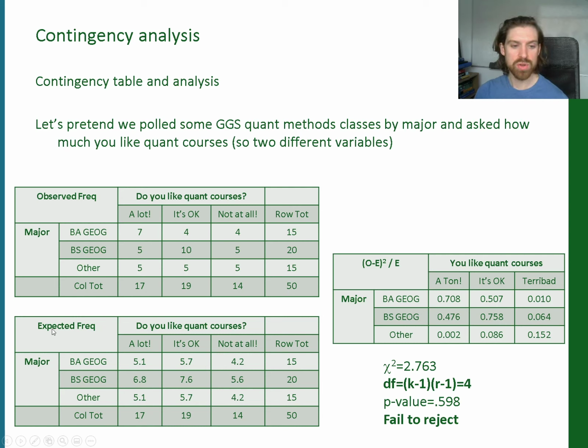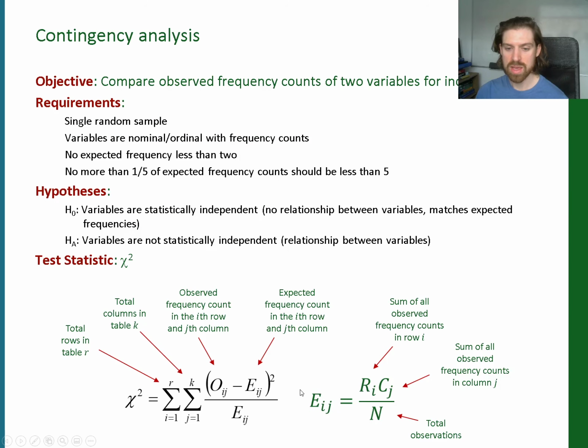And we're able to get the expected frequency now that we have those column totals. So you remember down here, the expected frequency required the sum of the observed frequency counts across the rows and the sum of the observed frequency counts across the columns and the total number of observations.